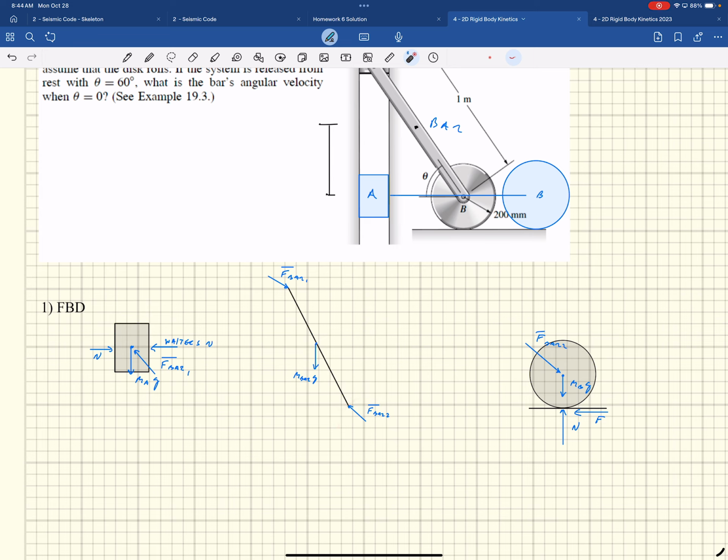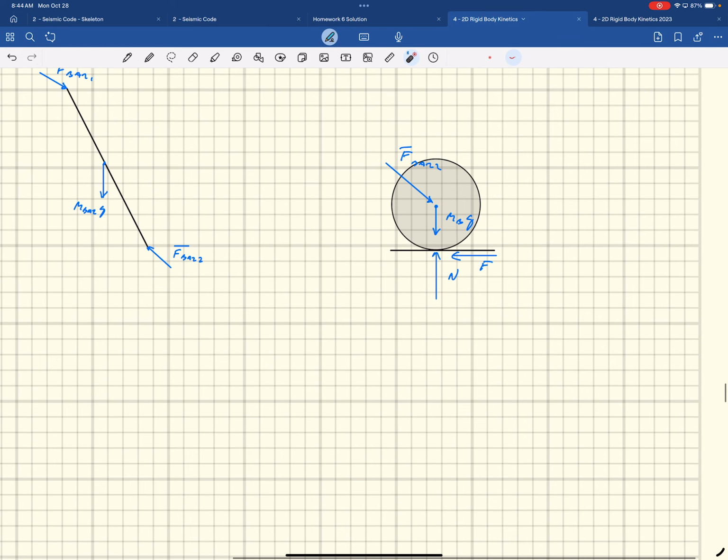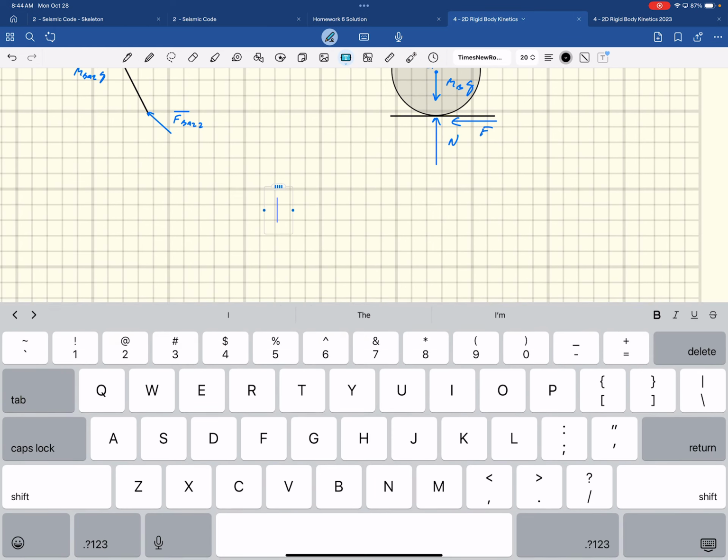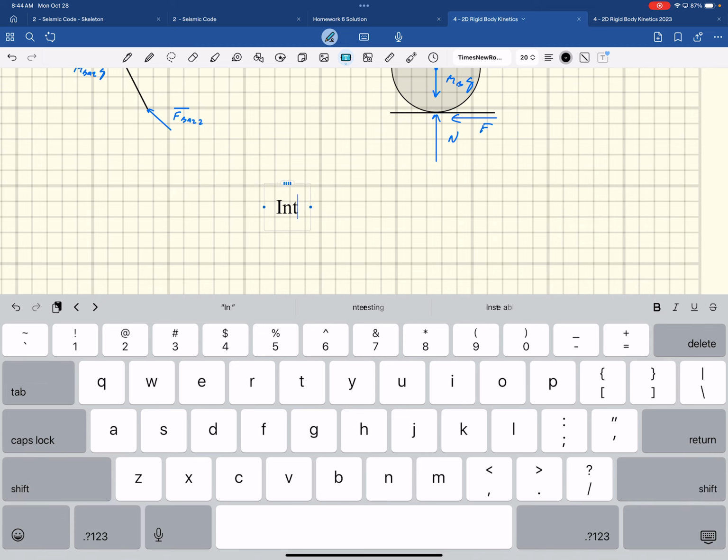Technically, they do work. This guy pushing back does work on this bar, and this guy acting on this disk does work, but together they cancel each other out. It's the same amount of work, equal and opposite, so they cancel each other out. That's a big postulate, if you will, that I wanted to point out. I think the book goes through a full derivation of this.